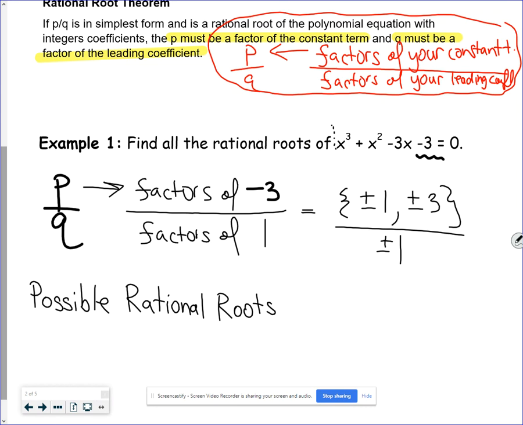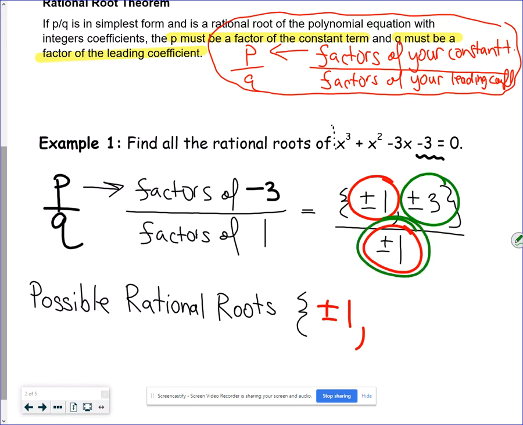So I'm going to take each one of these numbers on top and put it over the bottom one. When you put 1 over 1 and reduce it, what do you get? 1. So we could have positive or negative 1. Now I want to take the 3 and put it over all the bottom numbers. So 3 over 1 reduces down to just 3. So we have 4 possible rational roots.